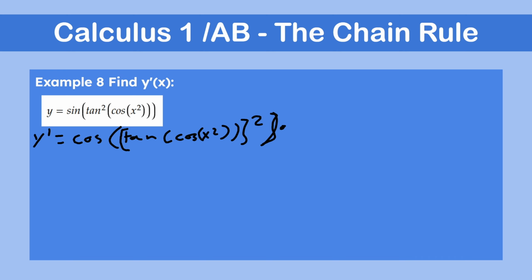because it will make our next step easier. Because now we have this inside, which is comprised of the power of 2 and tangent. So we take down the degree, multiply by tangent cosine x squared, and now we're to the power of 1.